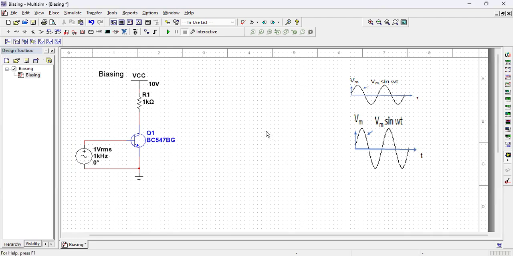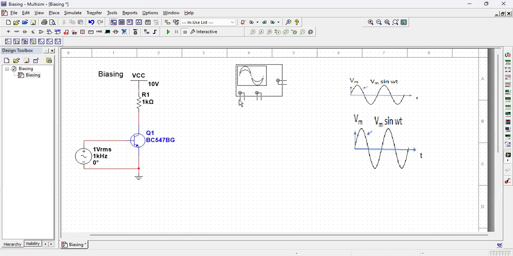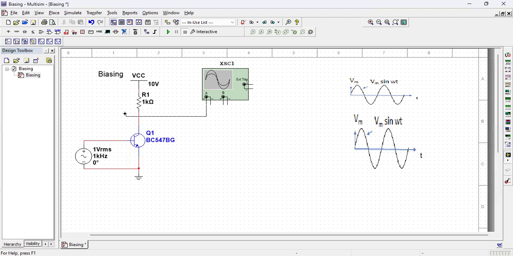Now let us see what comes at the transistor output at this collector. So for that, we connect an oscilloscope here. The oscilloscope, one input I connect to the source and another I connect to the transistor output.